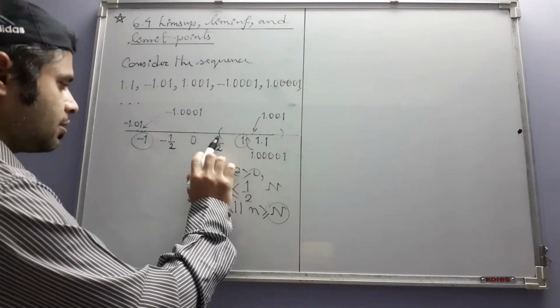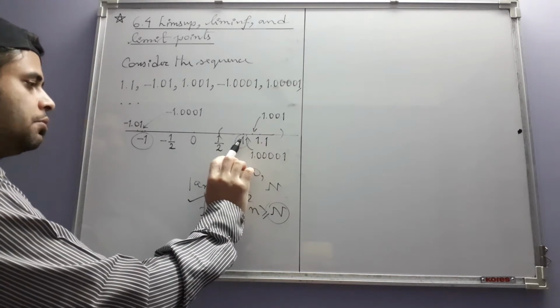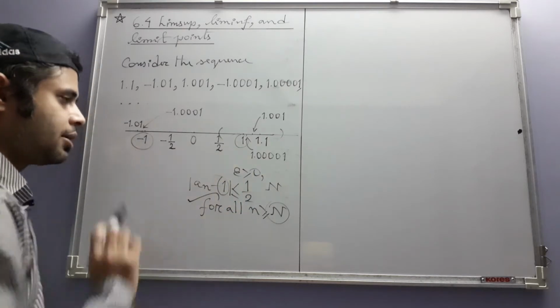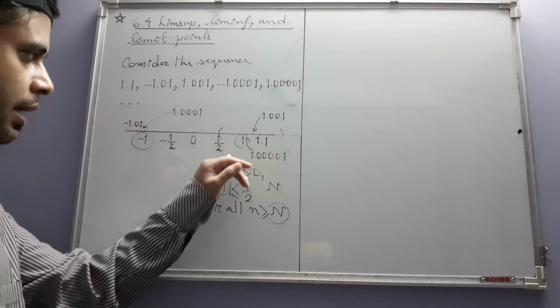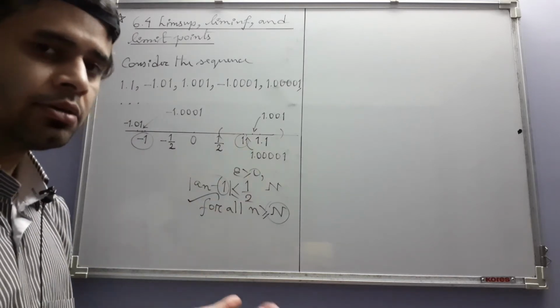However, despite this, we see that these two particular real numbers 1 and -1 exhibit the behavior that they want to be limits.